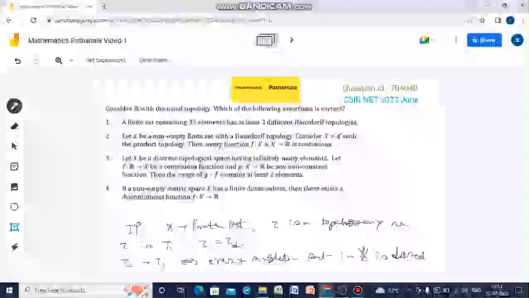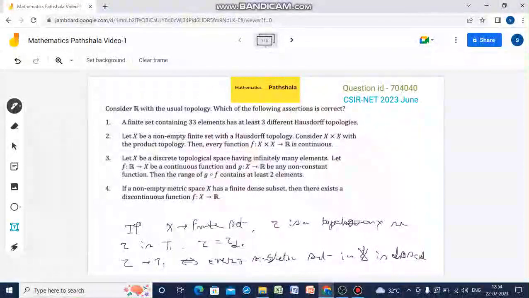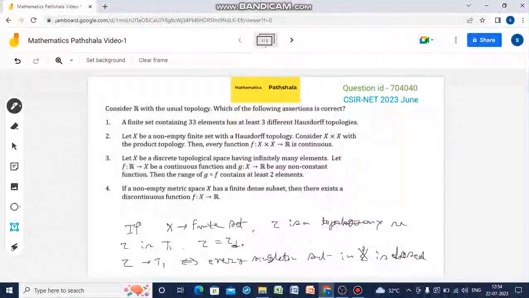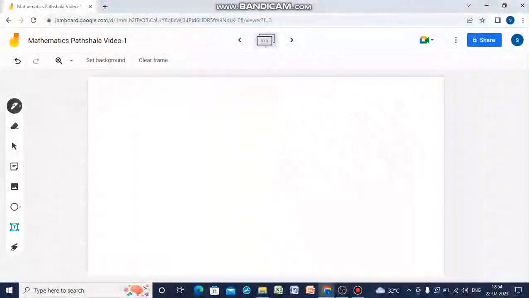Now comes the point 4. See, if a non-empty metric space X has a finite dense subset, then there exists a discontinuous function from X to R. We now prove that all functions from X to R will be continuous, because if we take X a metric space, then X must be T5.